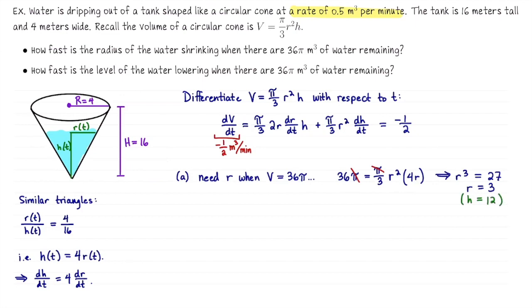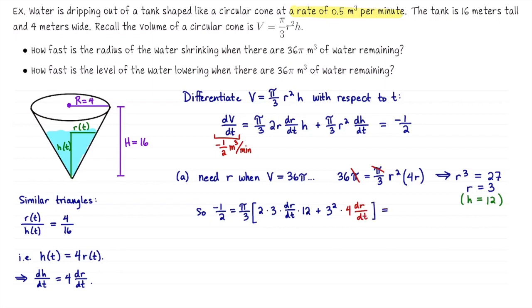Okay, returning to our formula, we now have negative 1/2 is pi thirds, 2 times the r value of 3 times the unknown dr/dt times the h value of 12, plus r squared, so 3 squared, times, and then in the formula we have dh/dt, but I'm going to replace that with 4 dr/dt.